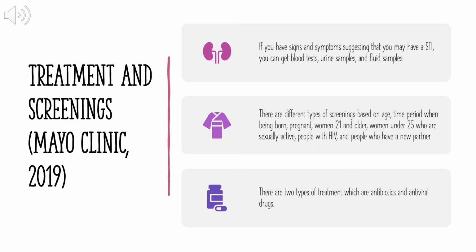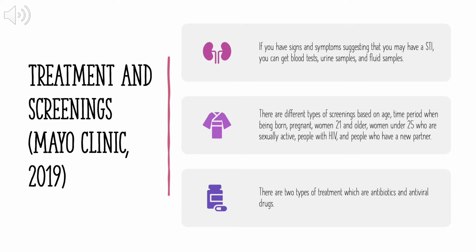There are different types of screenings based on age, because a lot of the screenings have to do with age, there's time periods of when people were being born that were more susceptible of receiving hepatitis or human papilloma virus.